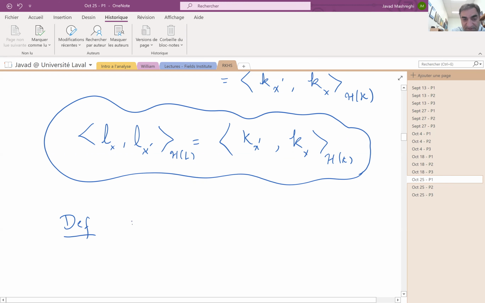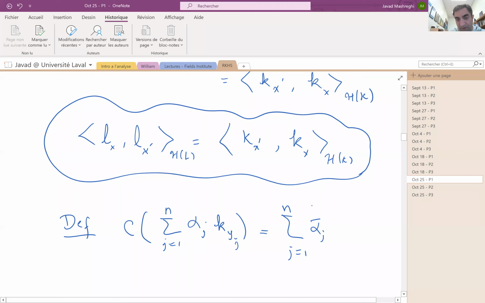We define C of the sum j from 1 to n, alpha j k y j, to be sum j from 1 to n, alpha j bar, k y j bar, which is l y j. That's my definition.